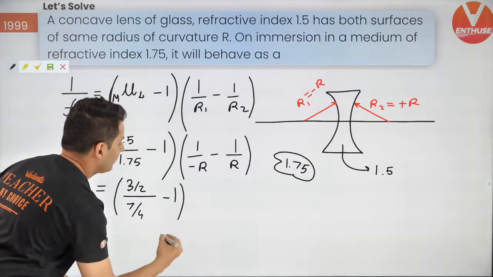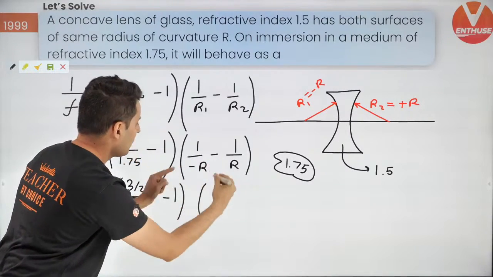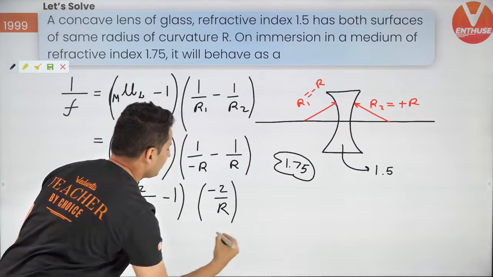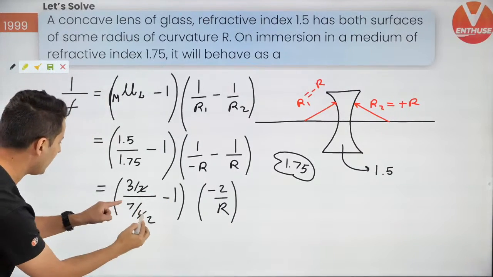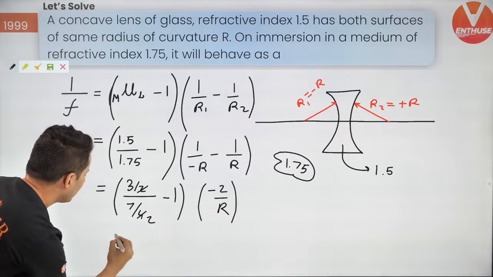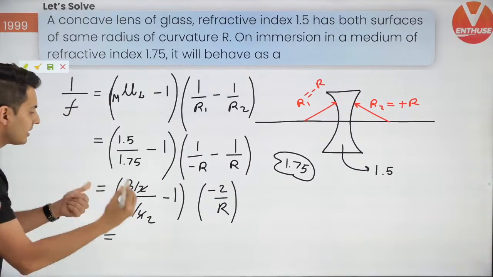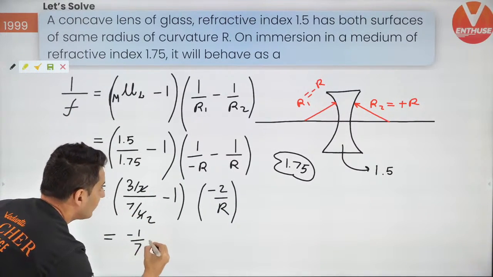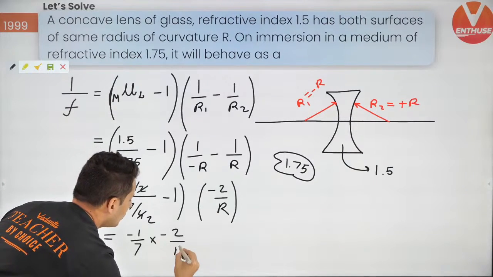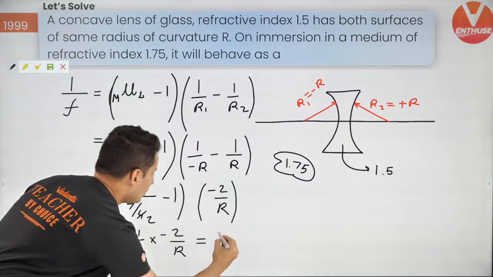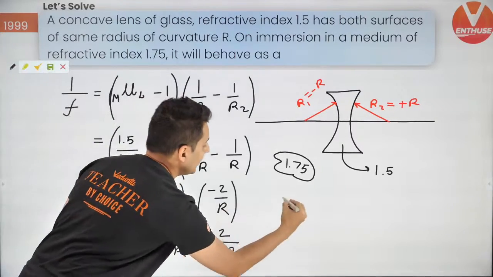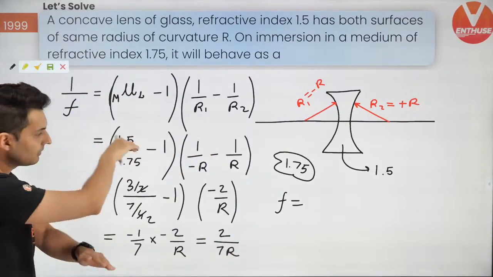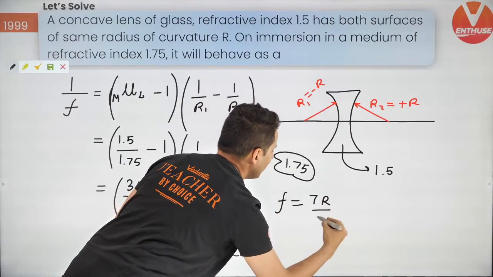So minus 1, and this will be nothing but minus 2 by R. Okay, so this 2 and this 2 will go, and it will become 6 by 7. Now 6 by 7 minus 1 is minus 1 by 7. So minus 1 by 7 multiplied by minus 2 by R. That will make it 2 by 7R. Therefore, I will get focal length, invert it, flip it, I'll get it as 7R by 2.